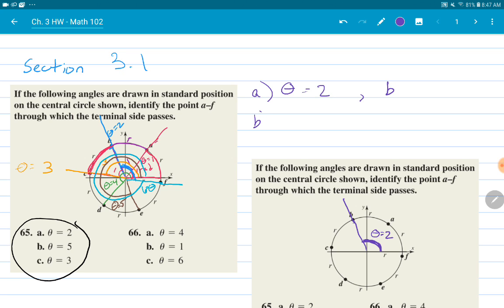And for question B, when theta equals 5, we have 1 radian, 2 radians, 3 radians, 4 radians, 5 radians. So going all the way around to 5 radians, E is on that terminal side.